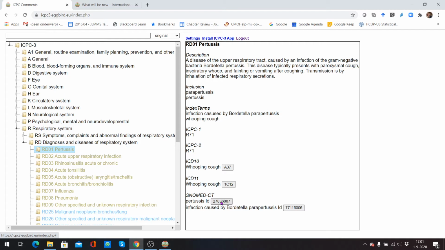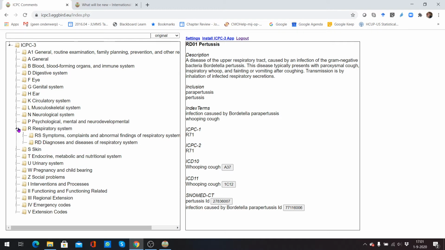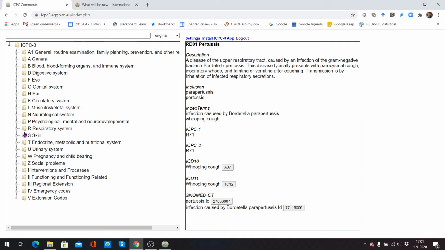We will explain the linkages to other classifications and SNOMED CT in a separate video. We will now close the chapter R again by clicking on the triangle.